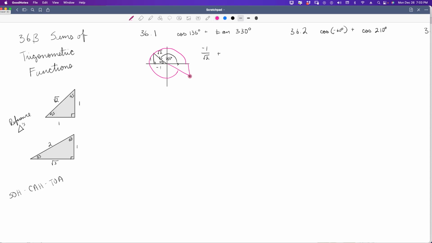So this is going to be my right angle. This is 30 degrees here, which means that here's my 30-degree reference and my 90-degree.